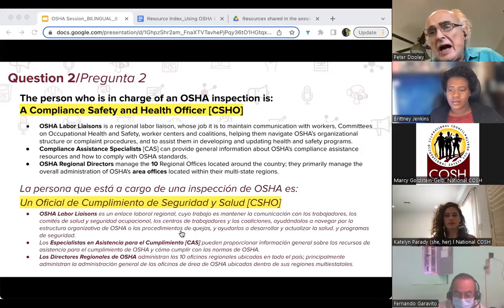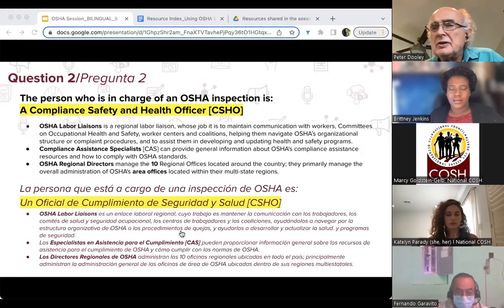By and large, the COSHO is the lead inspector who is setting up the meetings and going through an inspection with representatives of management and workers participating in most cases, and really in charge of the inspection.